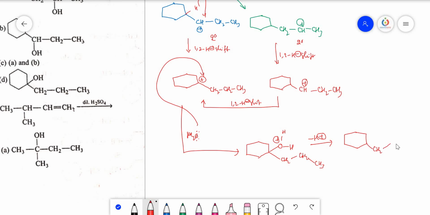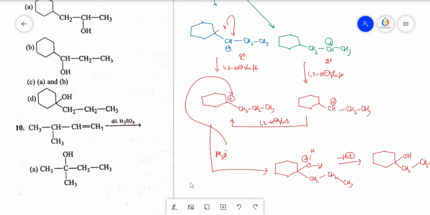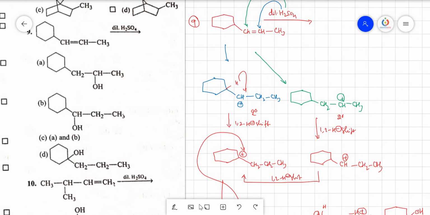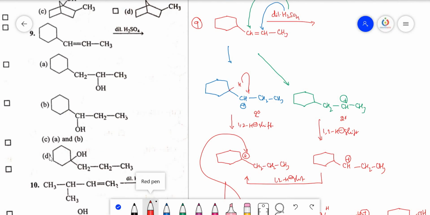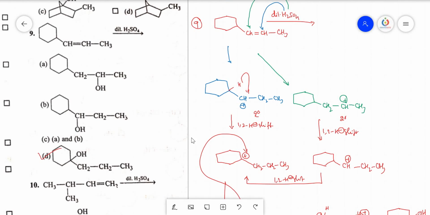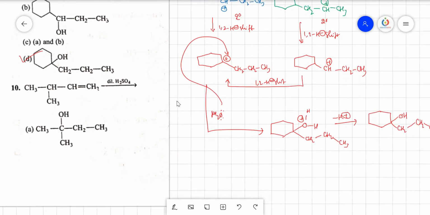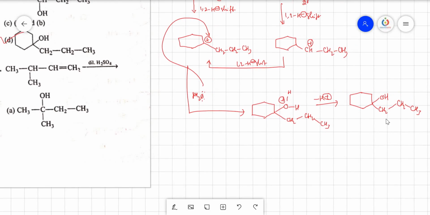The final molecule becomes like this. So among these options of question number 9, option D is correct. This is the answer.